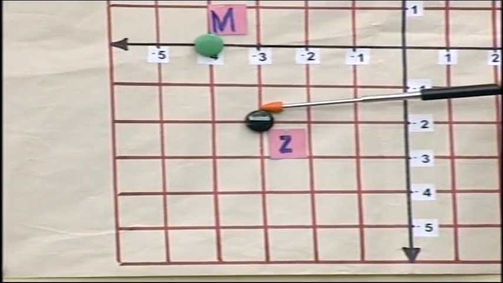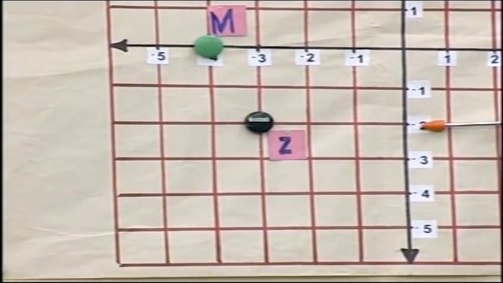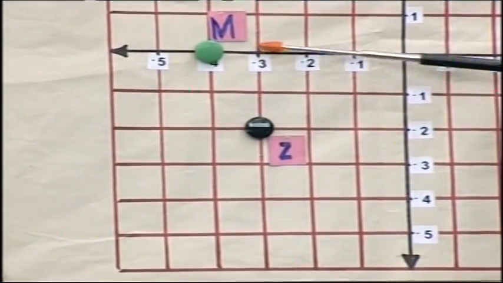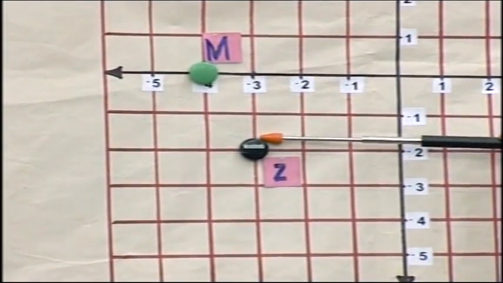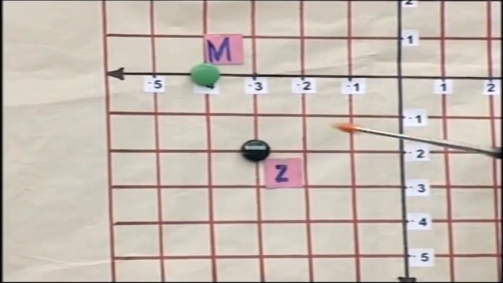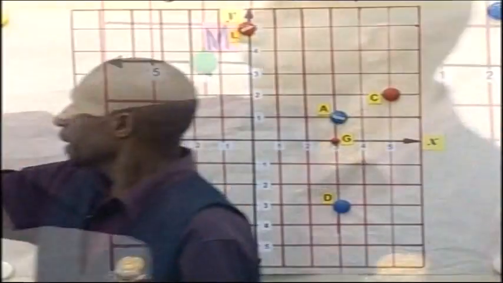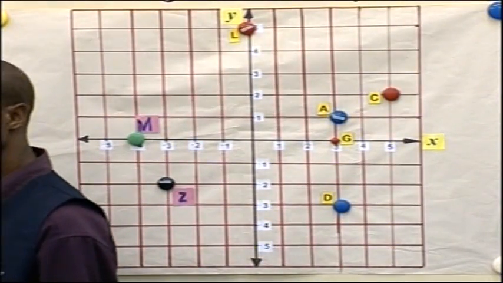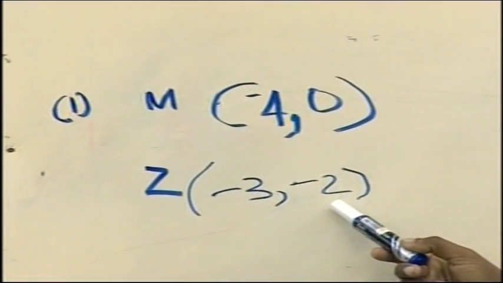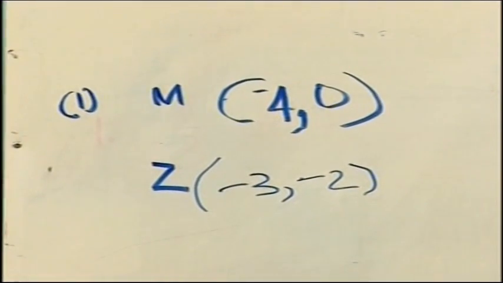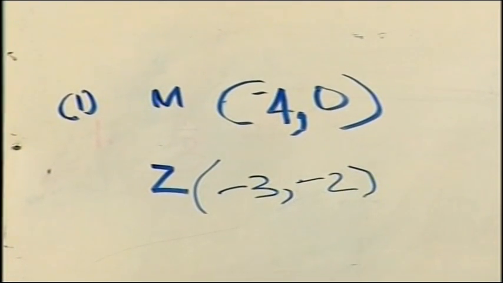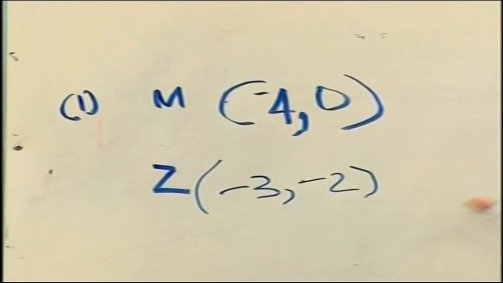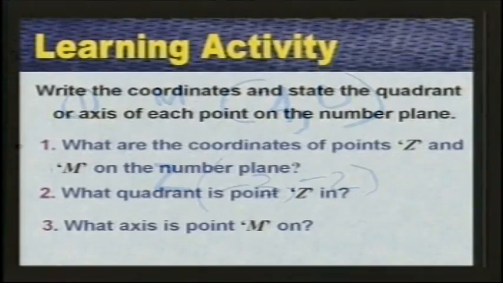What is our y-axis? -2. 2 distance down. 1, 2. So our coordinates for Z is bracket -3, comma, -2 bracket. So our friend is correct. Z, the coordinates are -3, comma, -2.